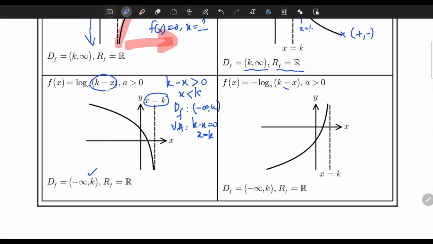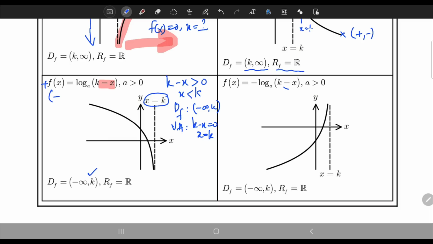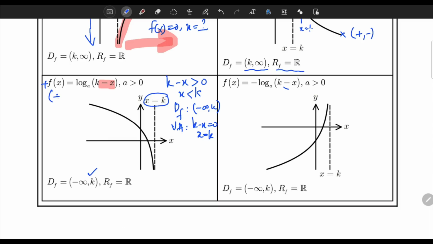Then you look at the sign of x. Here x is negative, and here it is positive. So the point will be negative, positive. So this is the point where we have negative, positive. Alright, so you have the x-intercept and the y-intercept.